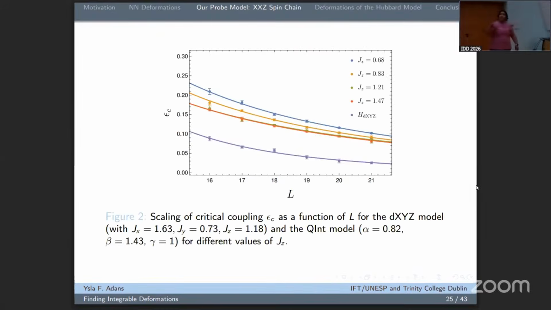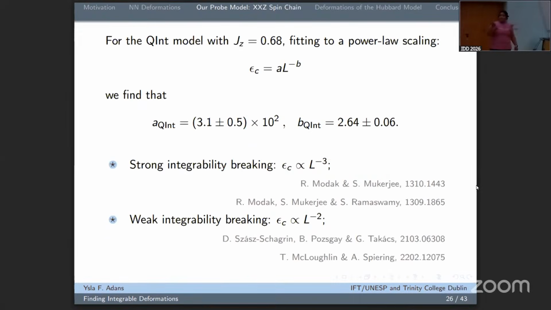When you plot this against the length of your spin chain, for the integrability-breaking model you go very fast to this critical coupling, but for the quasi-integrable one it is much smoother. You fit this to a power-law scaling, something like A times L to the power of minus B. And what you get is that this B, which is the important part, is about 2.5.